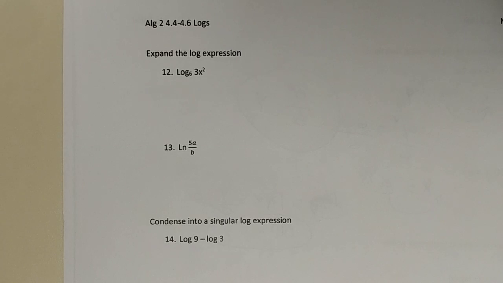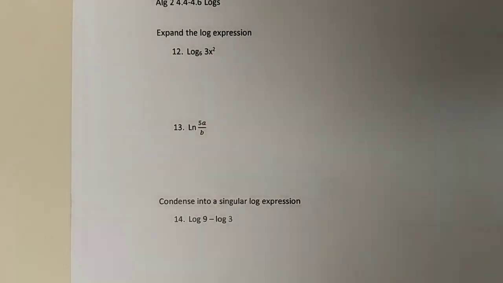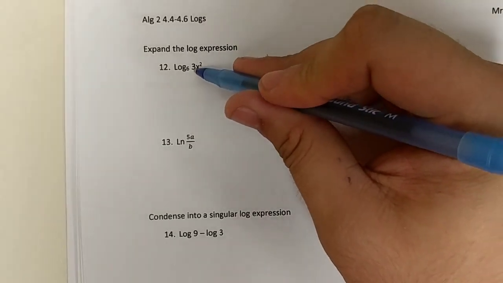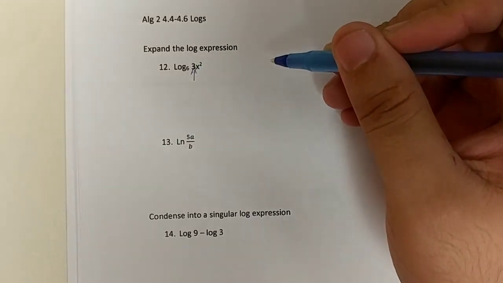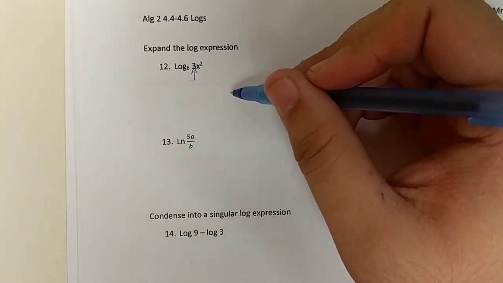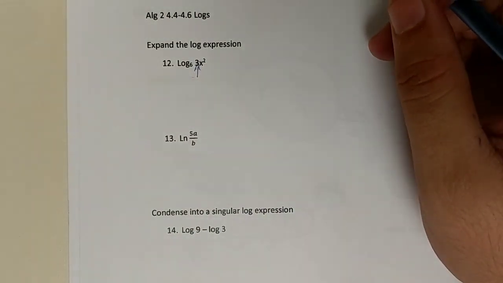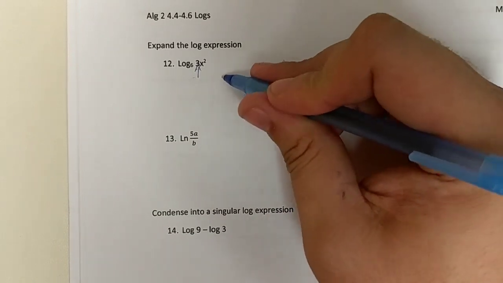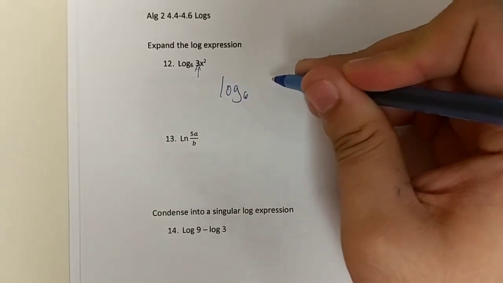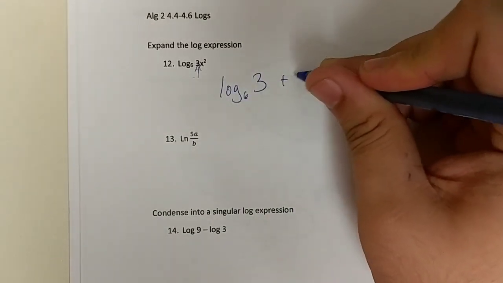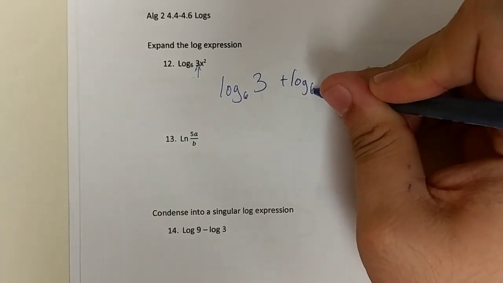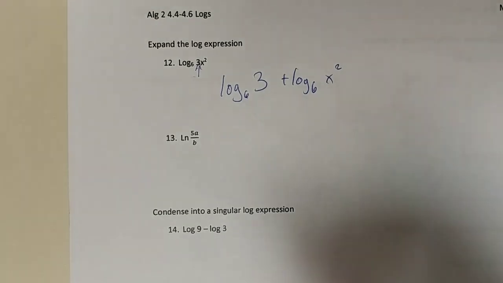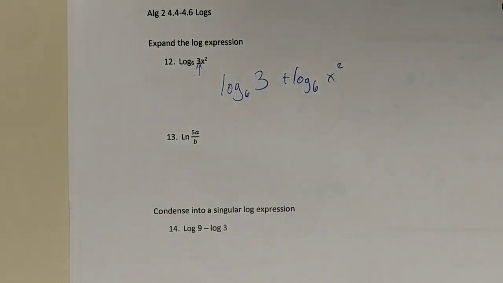Oh my god, expanding. I remember this was a doozy for some of you, so let's try our best. When you see a multiplication going on, you could change that to an addition. Think of how the exponents are: when you multiply something, you add them. So I'm going to rewrite this as log base 6 of 3 plus log base 6 of x squared. This is technically a right answer, but it's not expanded all the way.